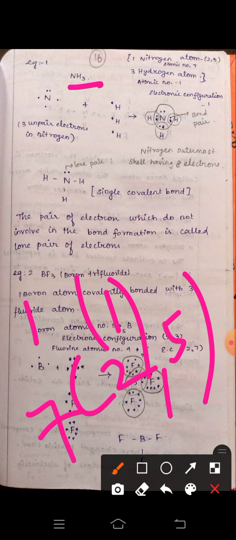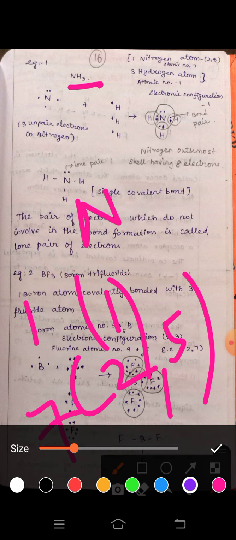Now the nitrogen atom is combining with hydrogen atoms and forming a coordinate covalent bond. Let us see how it is forming. What is the electronic configuration of nitrogen? 2,5. So we take the valence electrons. How do we represent the 5 dots? 1, 2, 3, 4.